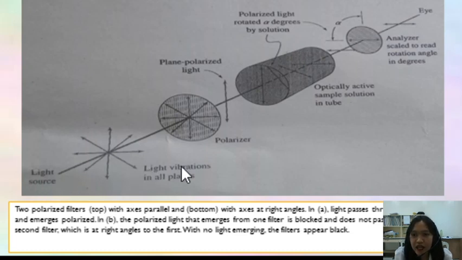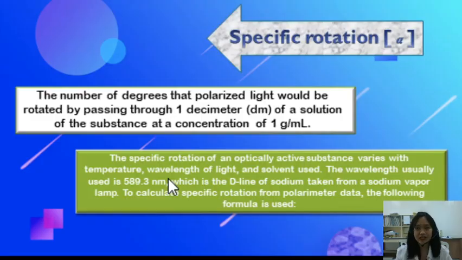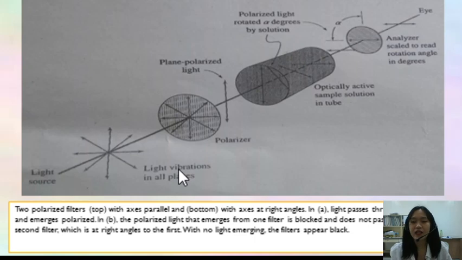These are the light vibrations in all planes. Kasi sabi nga natin, yung normal na light, its electromagnetic waves are traveling in all directions, perpendicular, tama? So, light vibrations in all planes, in all directions.